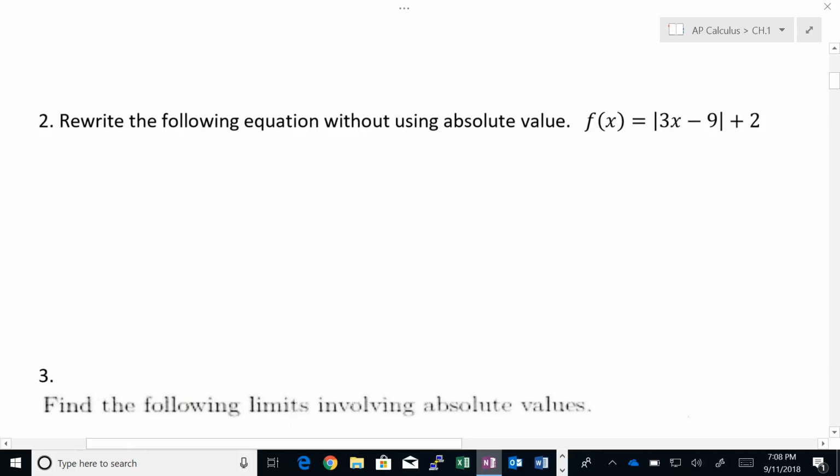Okay, we're going to take whatever's inside the absolute value. We've got to rewrite it. And you've got to find the magic number, remember? So my magic number in this case is x is 3.